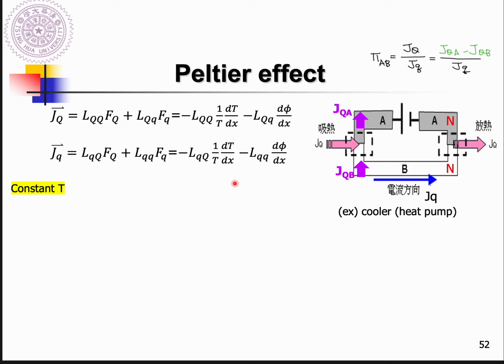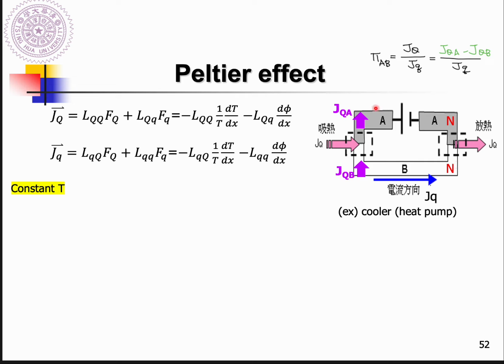And next, there will be a very important assumption. This device actually is operated at constant T, which implies that there's no temperature gradient along these materials. Actually, this is the same idea we mentioned in the Seebeck effect.